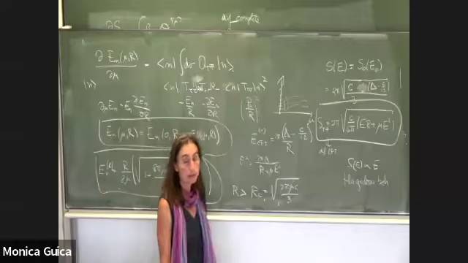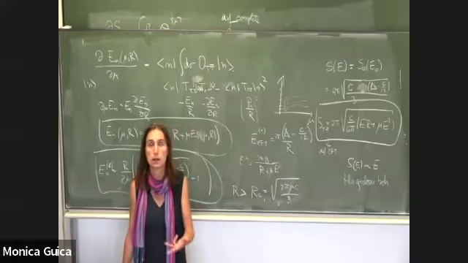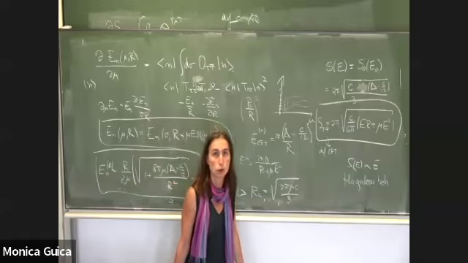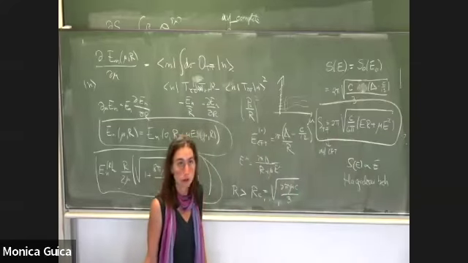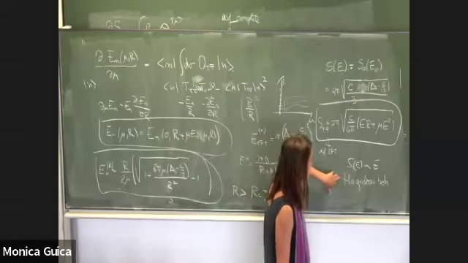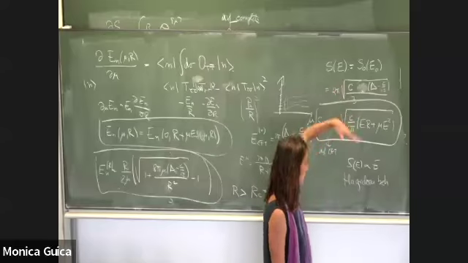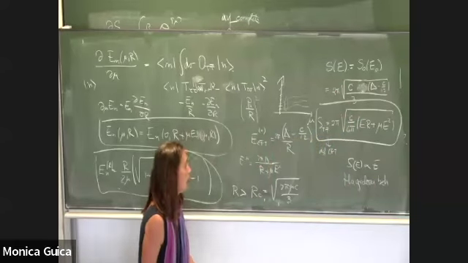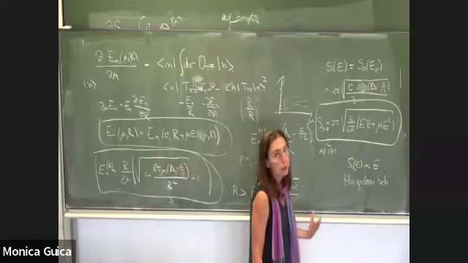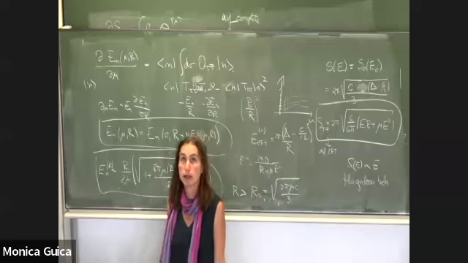And Hagedorn behavior is something that appears commonly in string theories. So you also get it if you try to compute the partition function of, or count the number of, states of strings at high energies. They also have Hagedorn behavior, and basically it tells you that you have a maximum temperature in your theory.